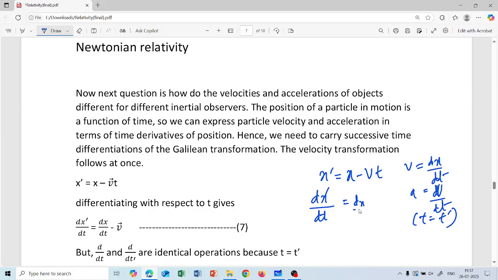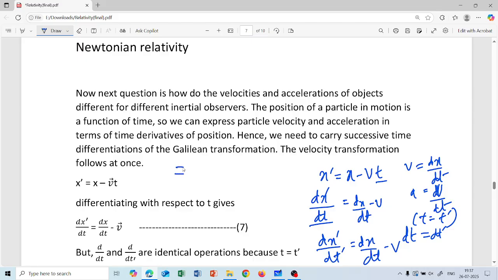So dx by dt minus, remember velocity is constant, so v times the differentiation of t, which is 1. Since t is equal to t prime, dt is equal to dt prime, so I could simply write it as dx prime by dt prime is equal to dx by dt minus v.